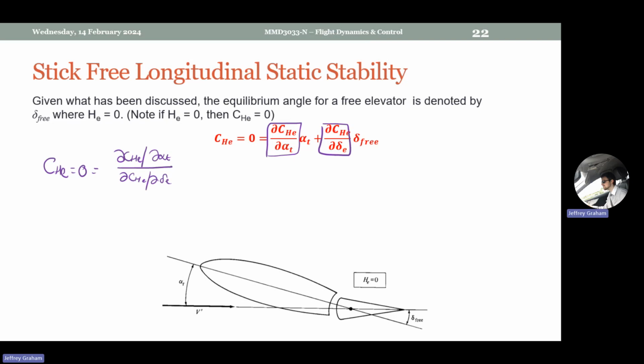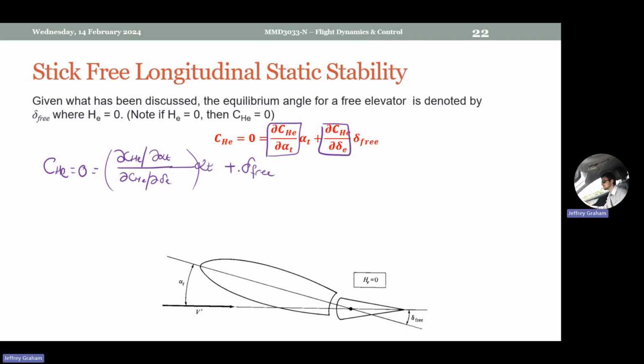So it's dividing through; the angle of attack is currently sat there as a multiplier. And then you're going to add this bit. Right.